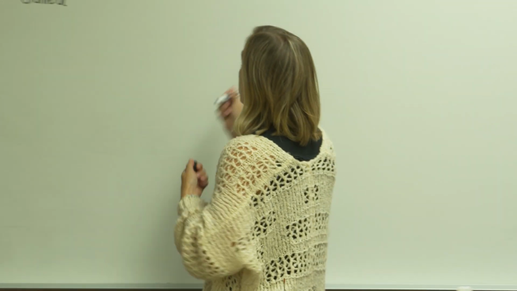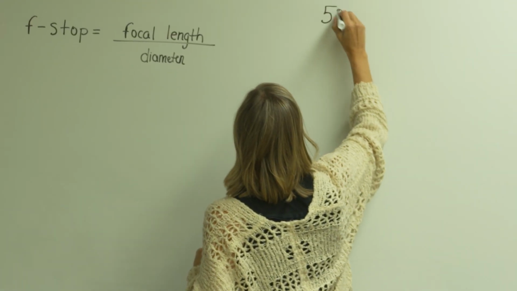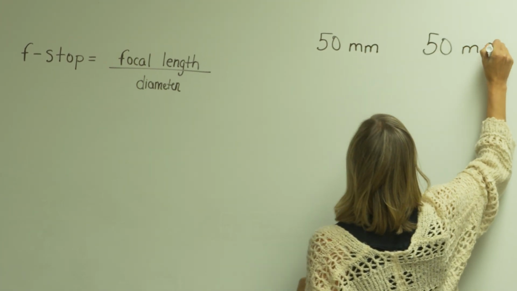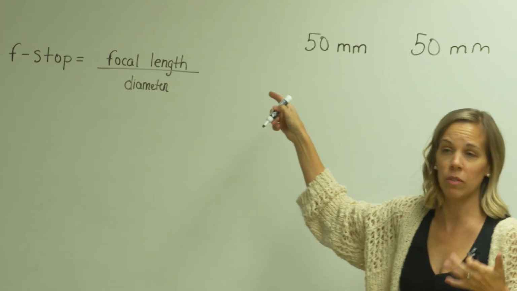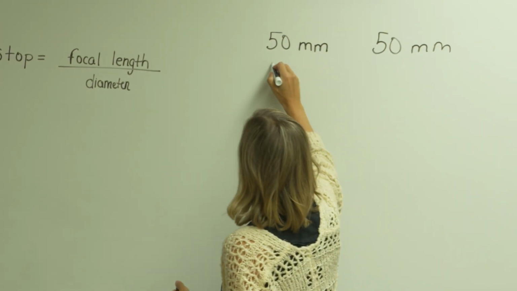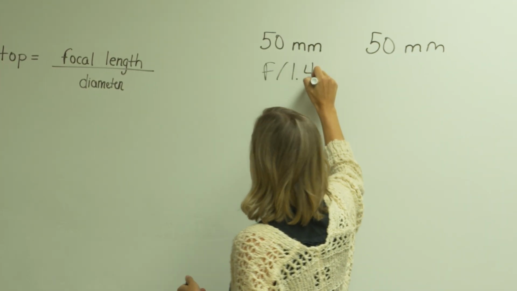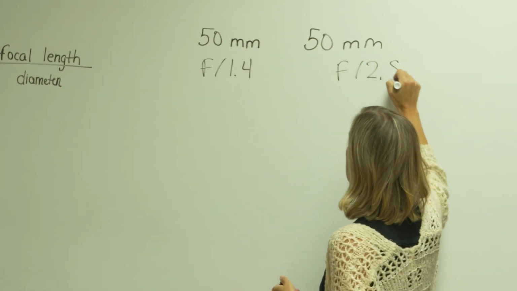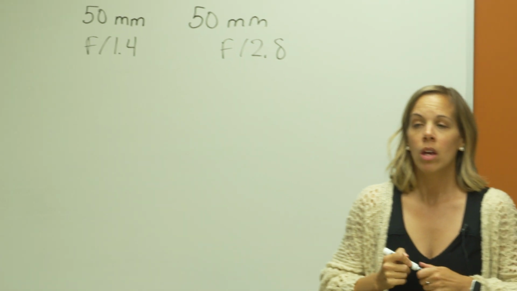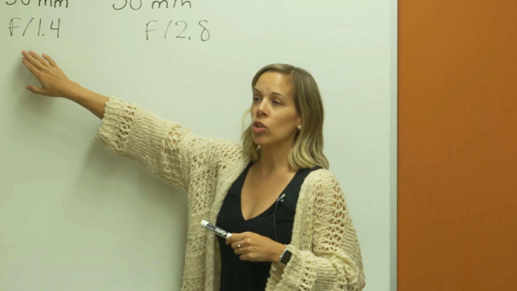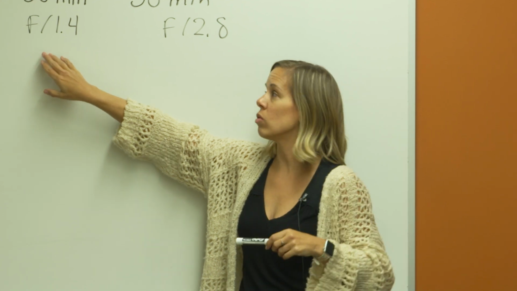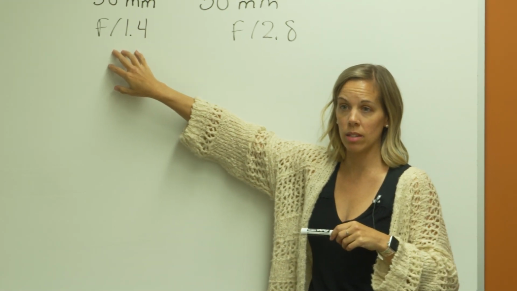But if you just know, okay, I'm taking just food pictures, I have a choice of two 50 millimeter lenses. This one I can go down to f1.4, whereas this one is only f2.8. So you might not even be able to shoot any of your food using this aperture with this lens.